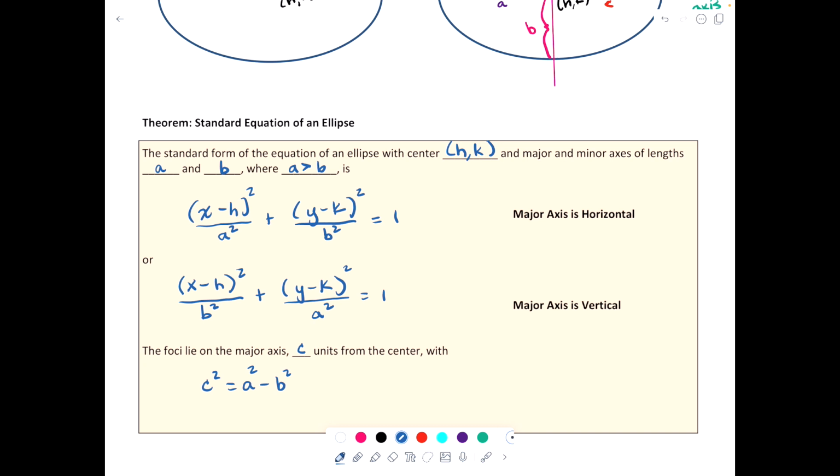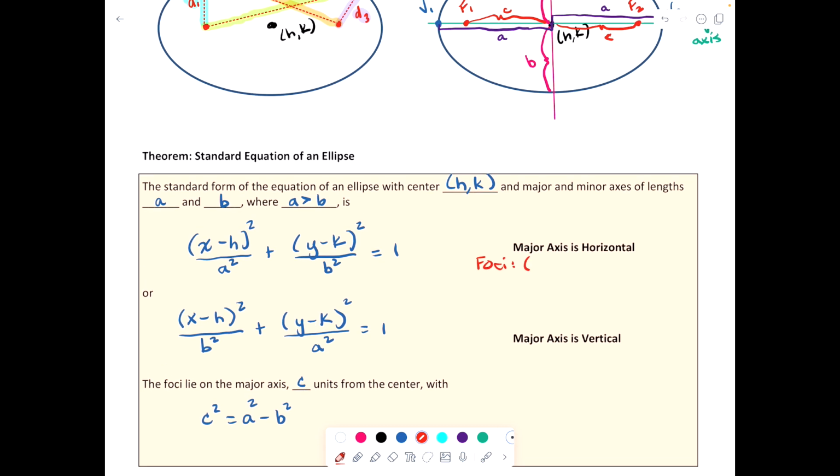When your major axis is horizontal, your foci will be at h minus c, comma, k, and h plus c, comma, k.